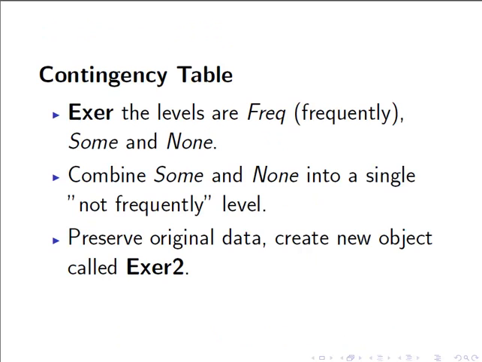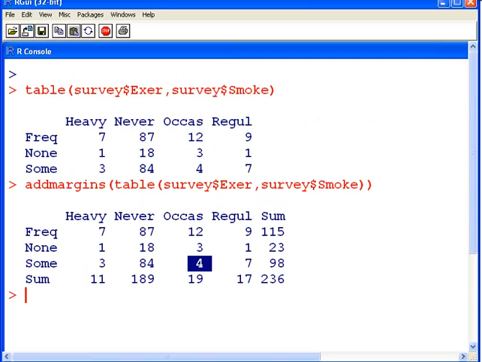So what we could do is re-level. I'm going to set up a new variable called Exer2, a new data set. The reason for that is to preserve the original data set in case I make a mistake.